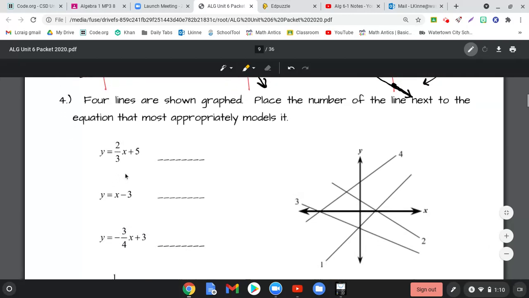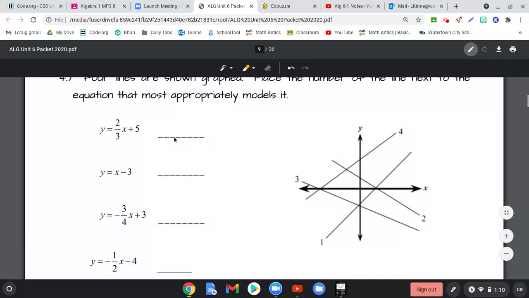All right, it wants us to figure out which of these graphs matches each equation. Now you could put it into y equals and look, but it doesn't really help us because we can't see any of these numbers. So what I would suggest you do for something like this is look at the y-intercepts first.